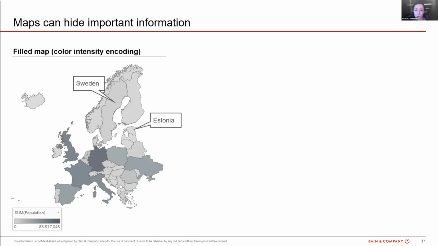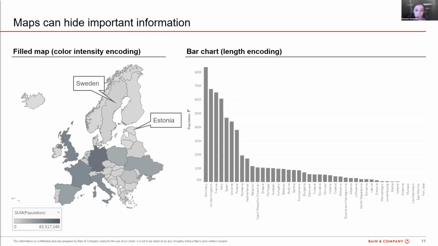So let's compare this to a simple bar chart. Here, probably we would be able to identify these differences much more accurately. Yeah. Okay, so does it mean that we should never ever use maps? No, absolutely not. But if our goal is to accurately compare some values between geographic regions, maybe we should give our audiences some cues to help them do this.